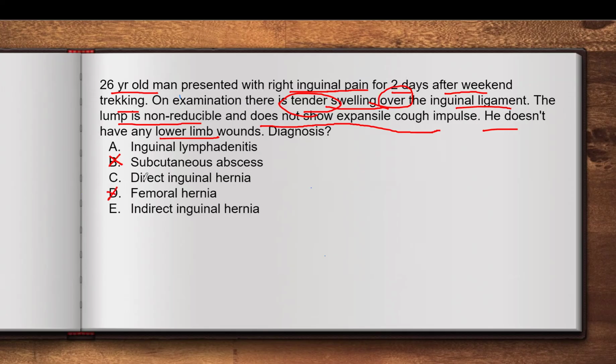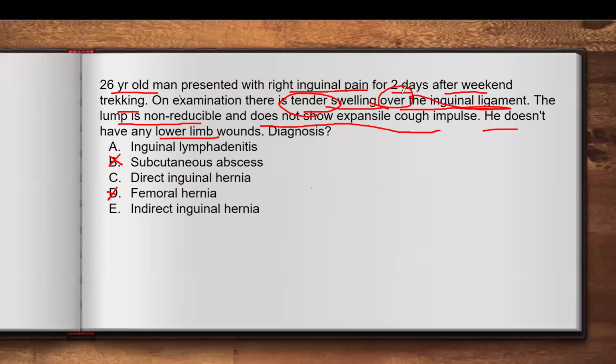Now, direct inguinal hernia, indirect inguinal hernia, and inguinal lymphadenitis. Direct inguinal hernia is usually reducible. It is less common in young men. Although there is a risk of strangulation, what if it is a strangulated hernia? But the important point here is that it lies over the inguinal ligament.